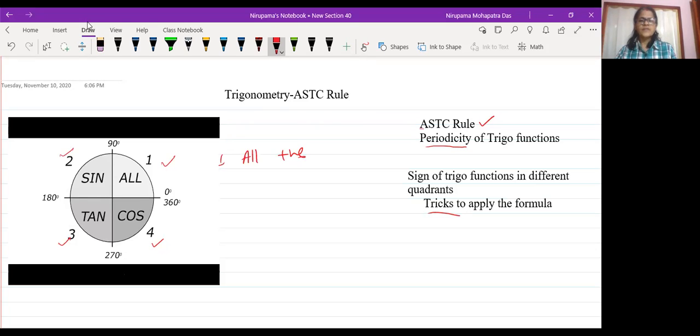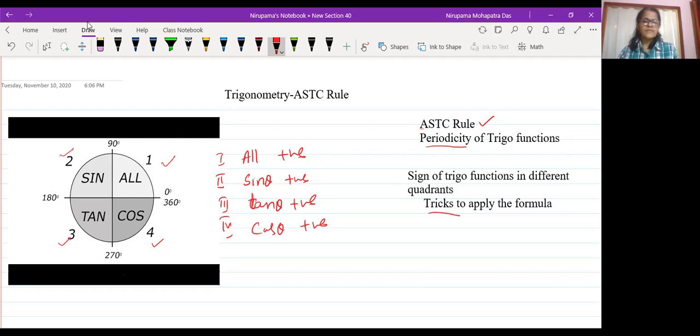In the second quadrant, we have sine, in the third quadrant, tan positive, and in the fourth quadrant, cos positive. So it means sine theta, tan theta, cos theta. Without theta, sine, tan, cos have no meaning.